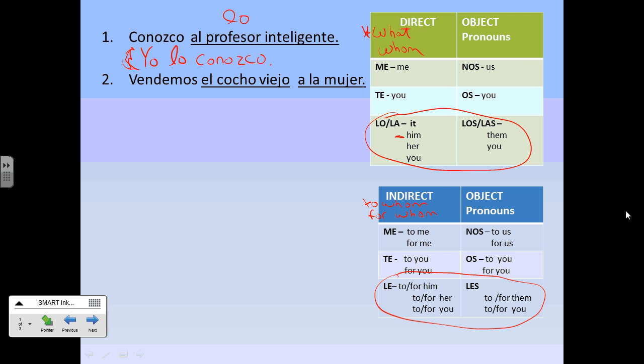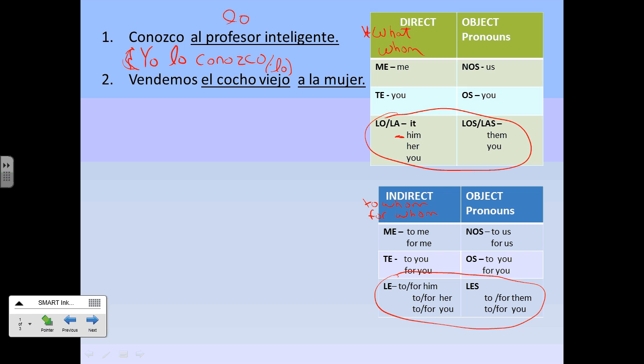Number 2, vendemos el coche viejo a la mujer. First of all, you have to look at it and you say, we sell what? The old car. That's a direct object. The direct object is lo. Okay? A la mujer, we've already taken care of the direct object. You can't have two direct objects in a sentence. So you know that a la mujer, the woman, is the indirect.